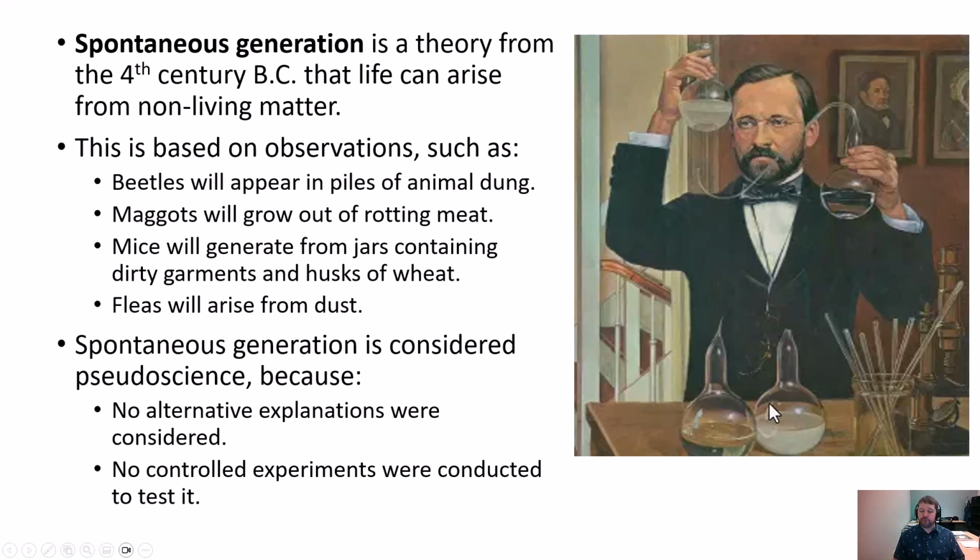He's well known for pasteurization. Louis Pasteur is his last name. Pasteurization was named after him. So the process by which we heat things like milk to a certain temperature to allow for a longer shelf life, that was invented by Louis Pasteur. But he's also credited with generating experiments that refuted spontaneous generation.